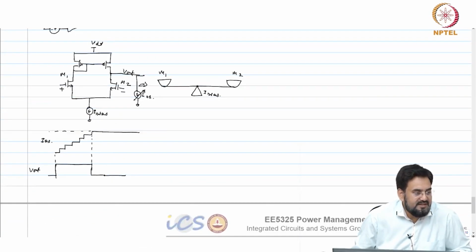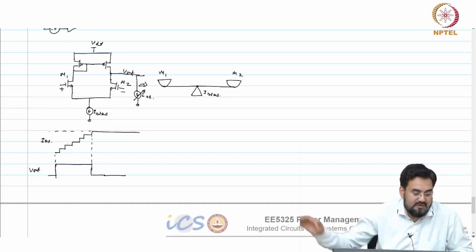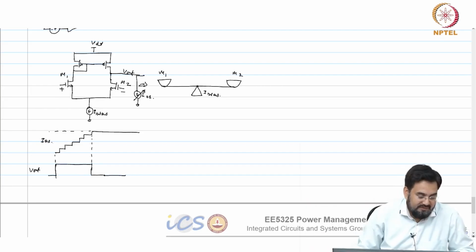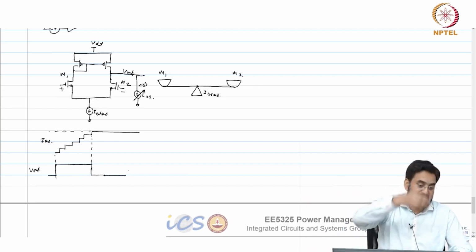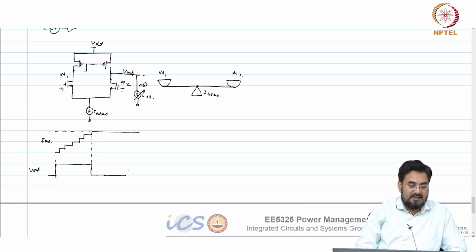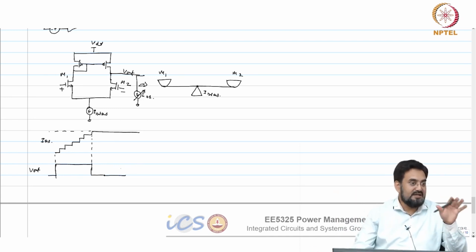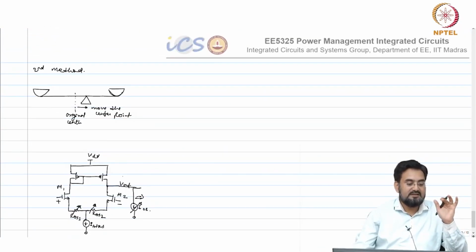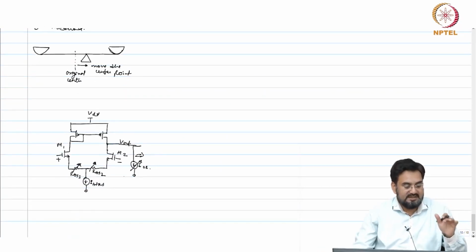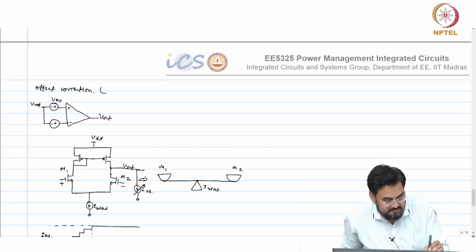Now I am not adding any current here, but I am adding offset resistors and keep increasing one of the resistors depending upon whether your output is high or low, and wait for the output to go low and freeze the code there. So it's done digitally again, but this is only a one-time calibration. That's why we call it static offset cancellation.